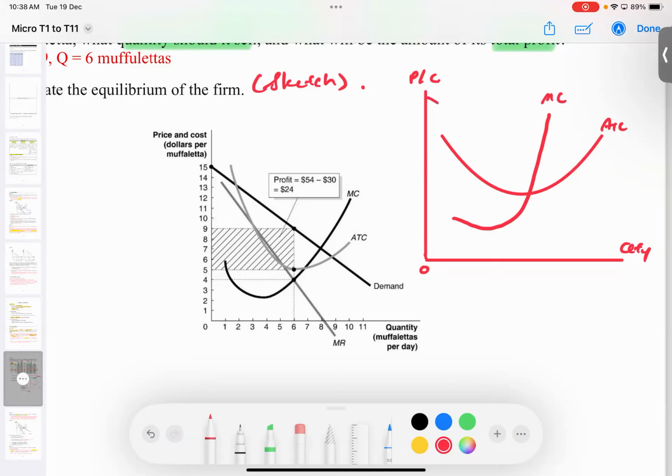This is your demand curve, where price equals demand curve equals average revenue, and then you have your marginal revenue. You just sketch, and then here you show the quantity.